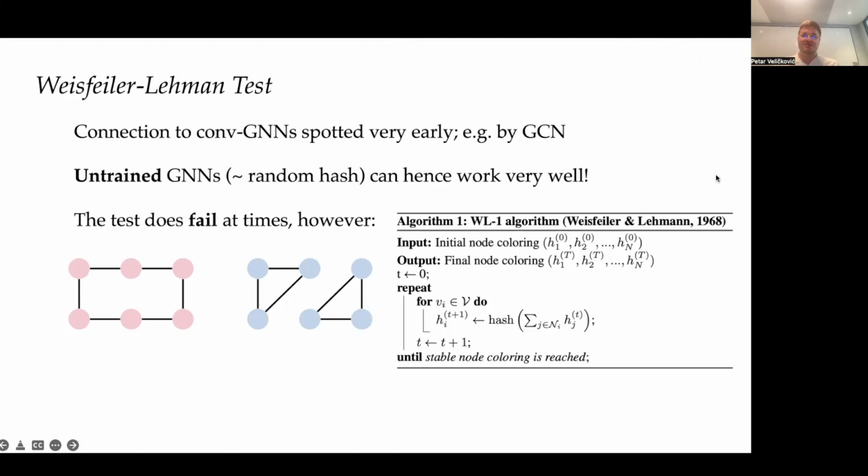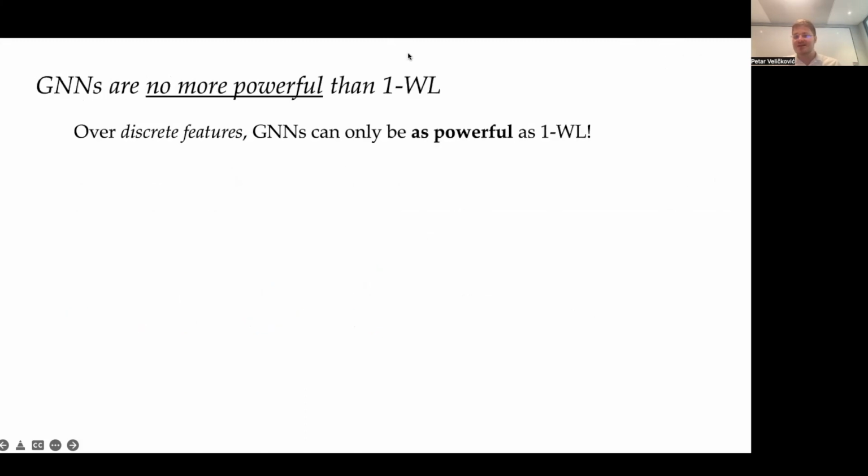So there are some painfully simple things, like usually relating to counting simple substructures, that these Weisfeiler tests cannot do properly. And it might then surprise you to find out that if your features are discrete, you can never build a graph neural network that is more powerful than the Weisfeiler test.